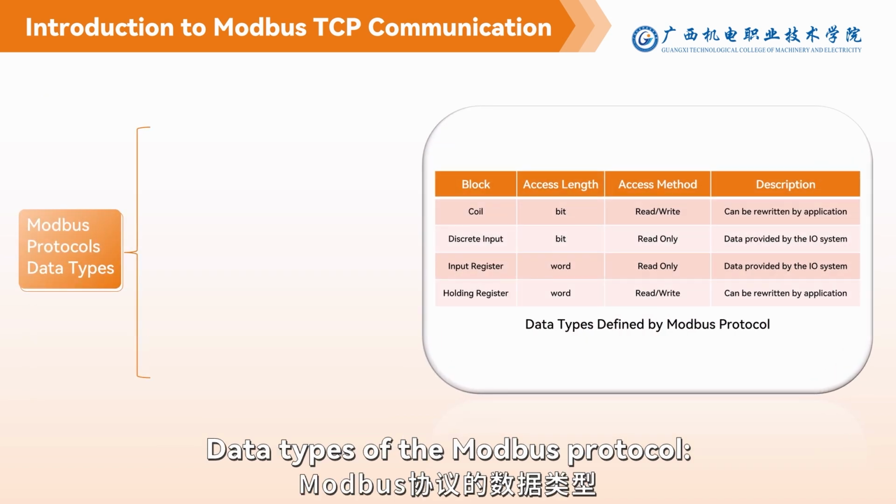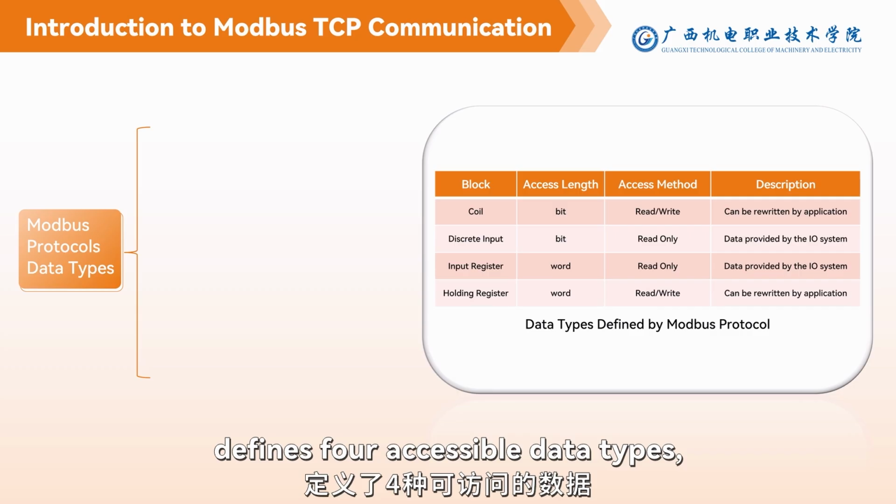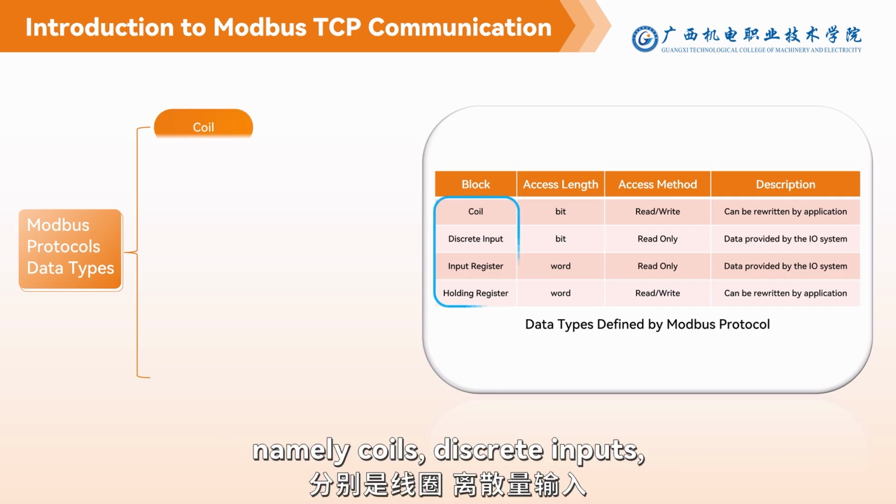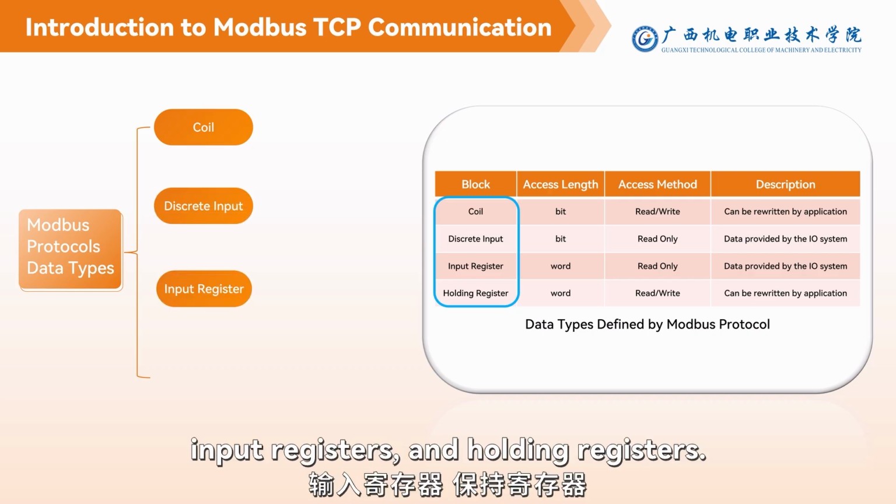Data types of the Modbus protocol. The Modbus protocol defines 4 accessible data types, namely coils, discrete inputs, input registers, and holding registers.